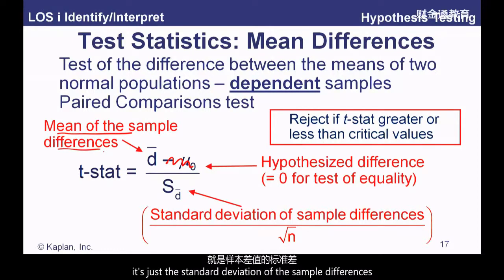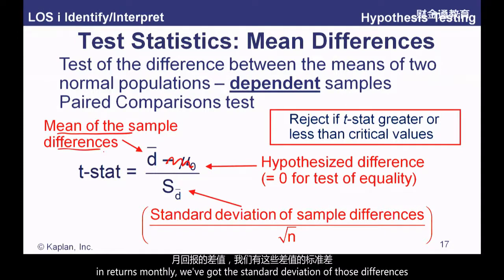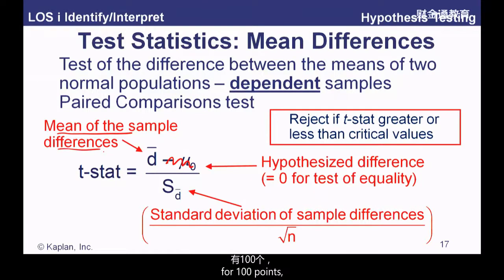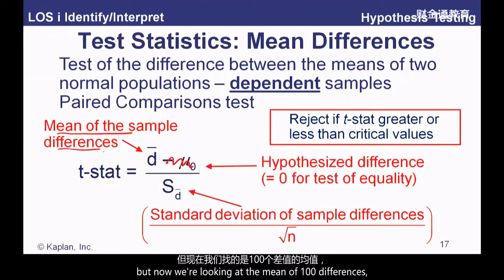It's just the standard deviation of the sample differences over our month period, right? So now our statistic of interest here is the difference in returns monthly. We've got the standard deviation of those differences for 100 points. But now we're looking at the mean of 100 differences, so we're going to divide by the square root of 100.